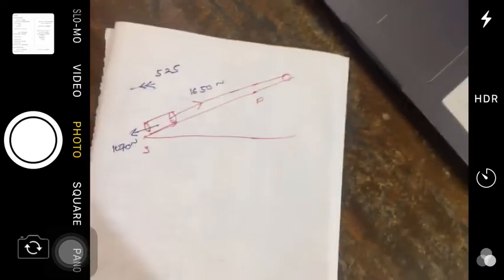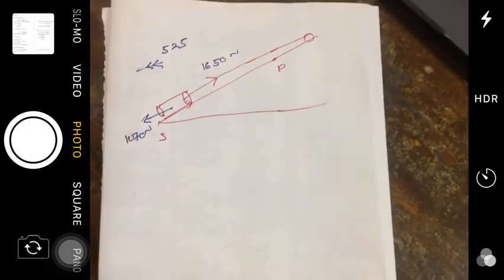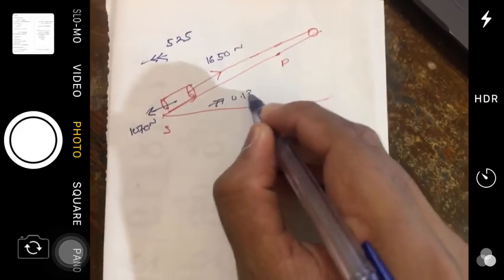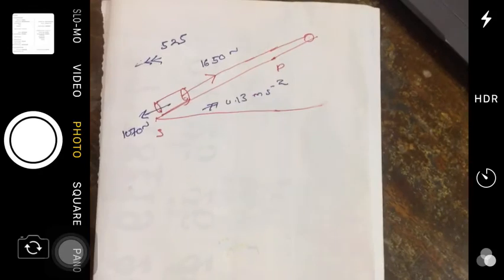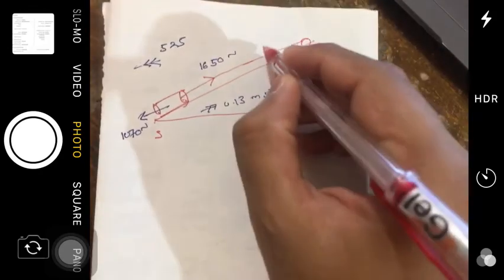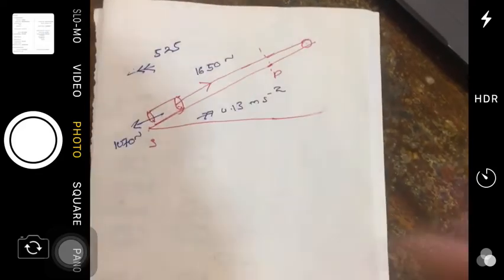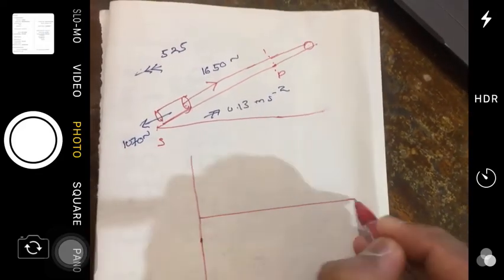So in the beginning, as a resultant of these forces, the log is accelerating with an acceleration of 0.13 meters per second square. Till it reaches the point P, till the cable breaks, there is no difficulty in drawing the velocity time graph.